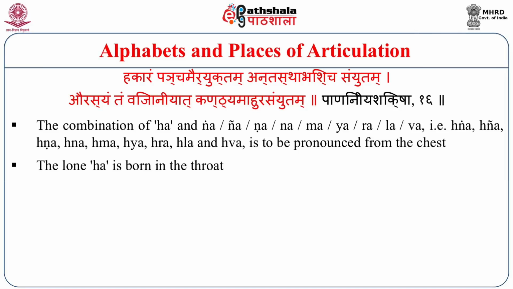Urasyam, urasi bhavam urasyam. They are to be pronounced from the chest, not from the mouth or any other place of articulation. The lone ha is born in the throat.